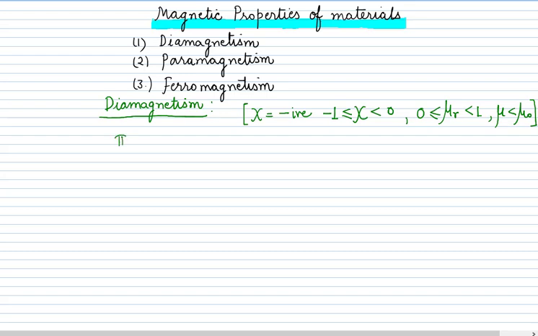So these are not attracted but repelled by the magnetic field.